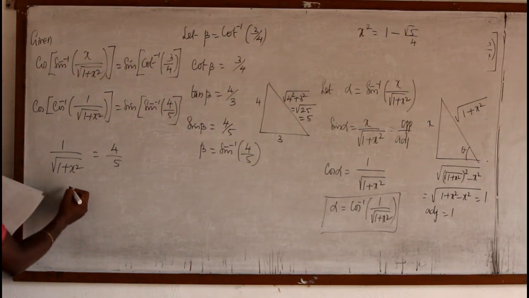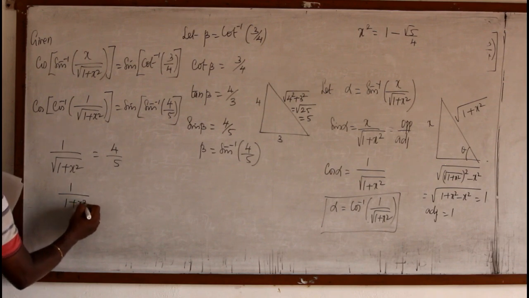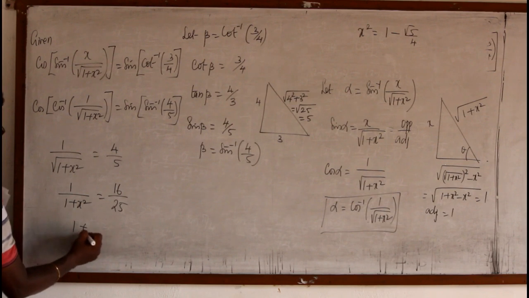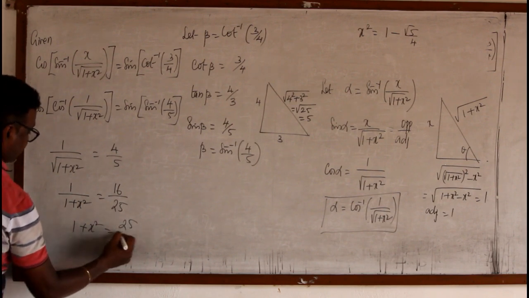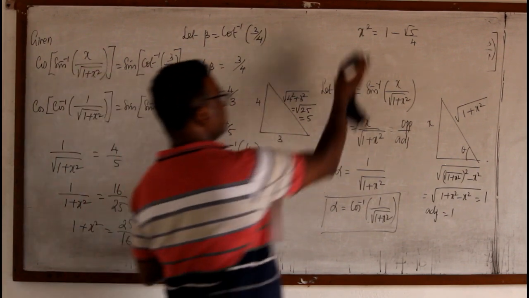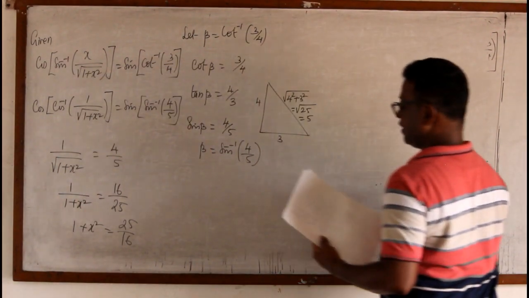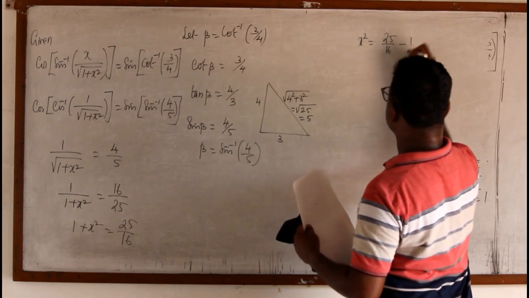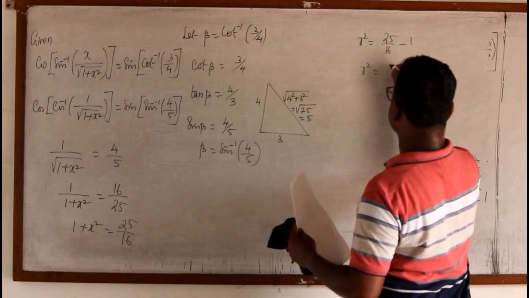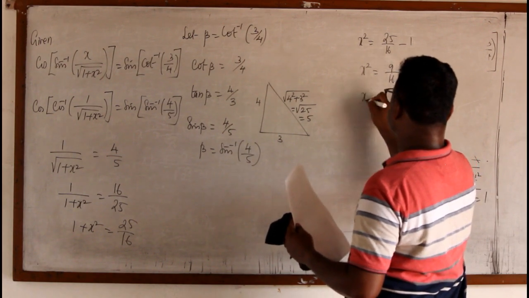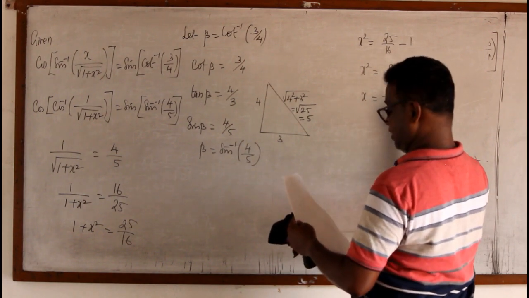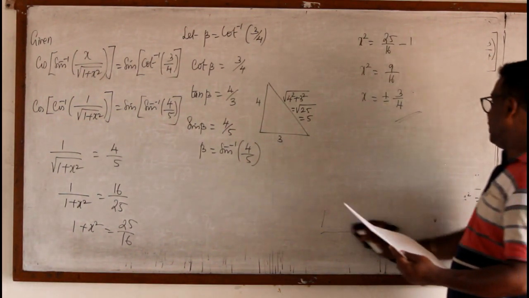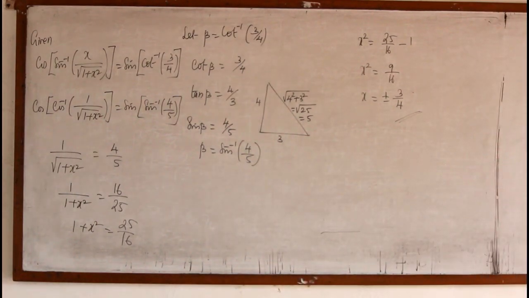Therefore, 1 by 1 plus x square is 16 by, when I square, it is 25. So 1 plus x square is 25 by 16. So one here, therefore x square is 25 by 16 minus 1. x square is 25 minus 16 is 9 by 16. x equal to plus or minus 3 by 4. With that, all the examples are over. Good job.